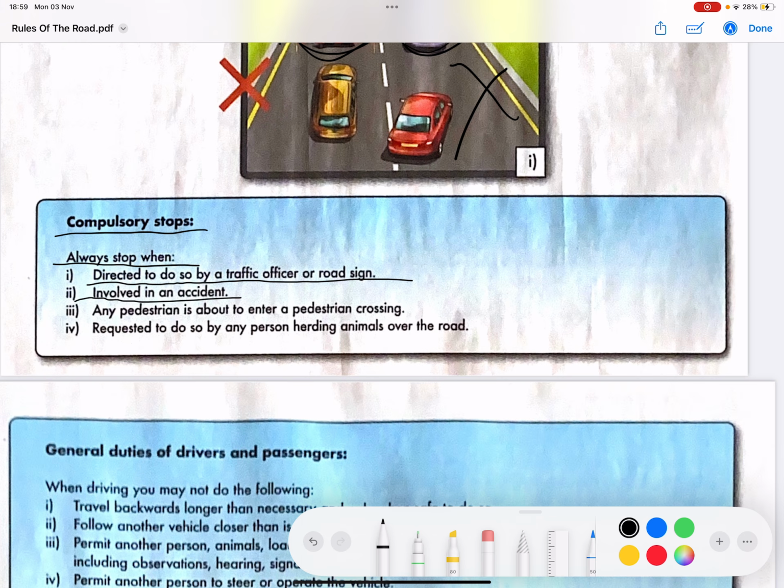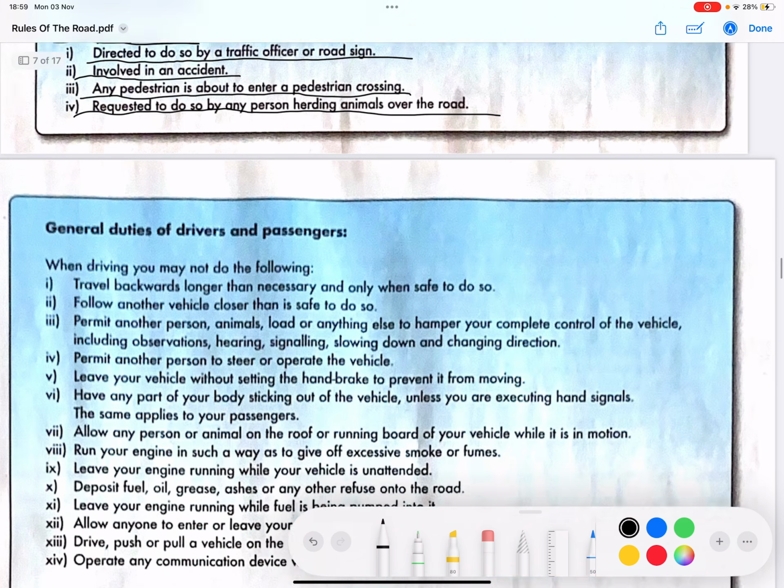When you are involved in an accident, for any pedestrian who's about to enter a pedestrian crossing, you must stop for them. When you are requested to do so by anyone who's herding animals over the road, you must stop for that person. If they ask you to stop, you stop completely.